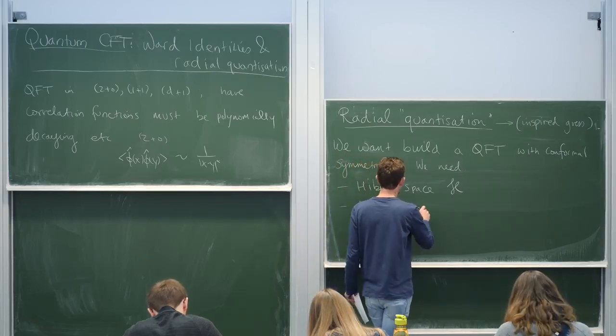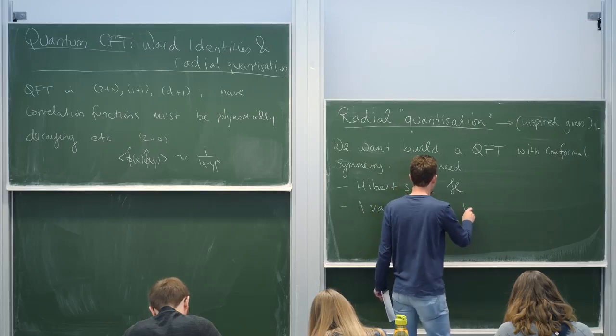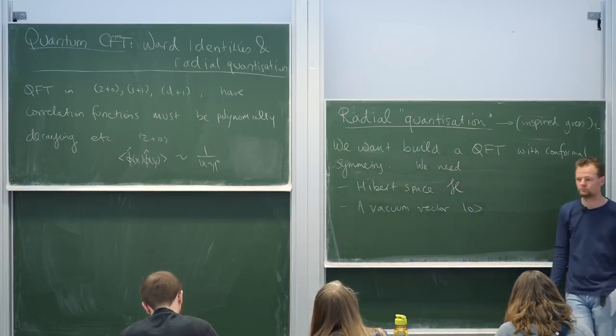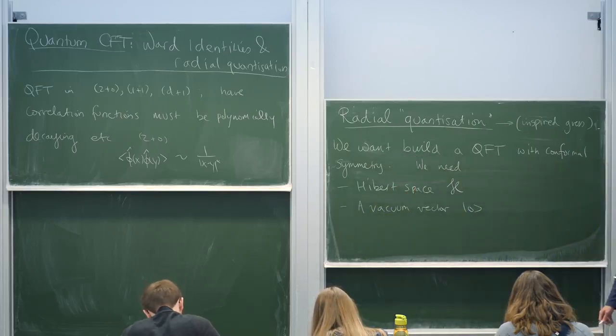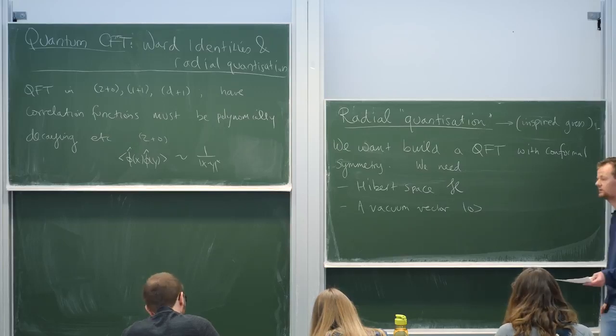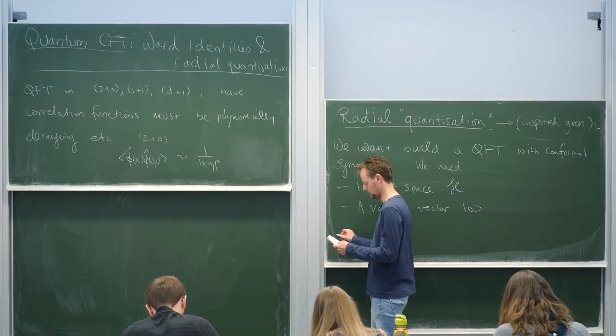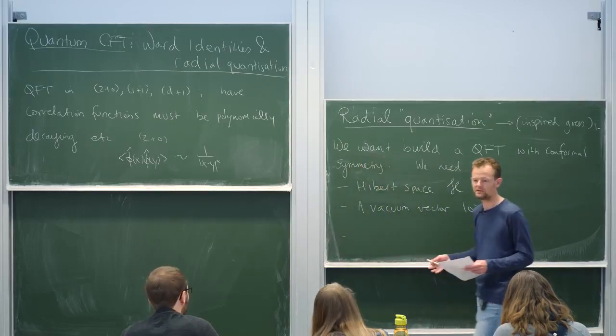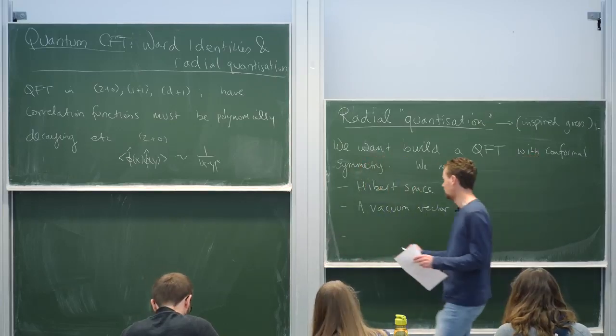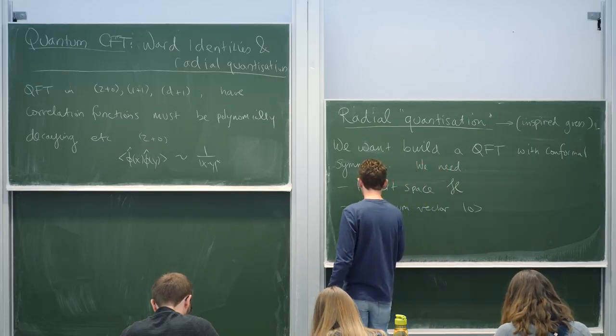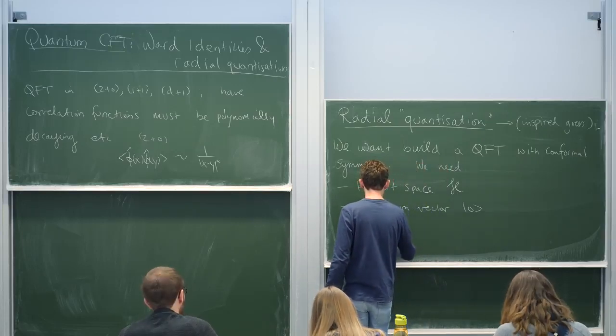We're going to want a vacuum vector. There's some special vector in the theory corresponding to the vacuum, which should be a state of lowest energy. I won't go into those. I'm going to stress rather this last point for today, which is that we want a bunch of observables, right?